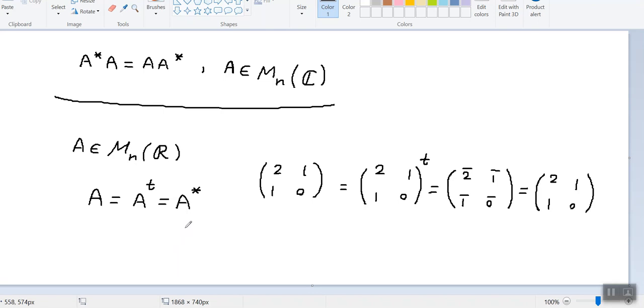Look here, for example, look at this matrix. Do you agree with me? This matrix is symmetric because the transpose of this 2 by 2 matrix equals itself. But after the transpose, if we take the complex conjugate of each entry, which means we are going to find A star, the adjoint of A, since each entry is a real number, this equals this.